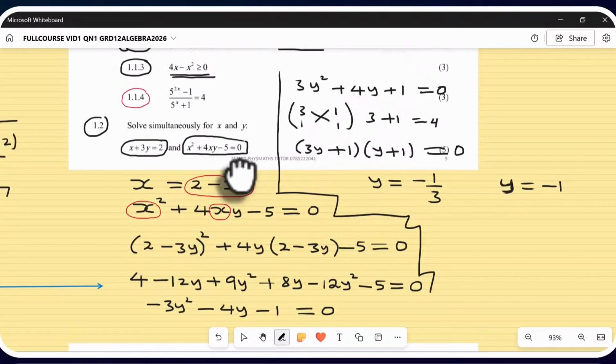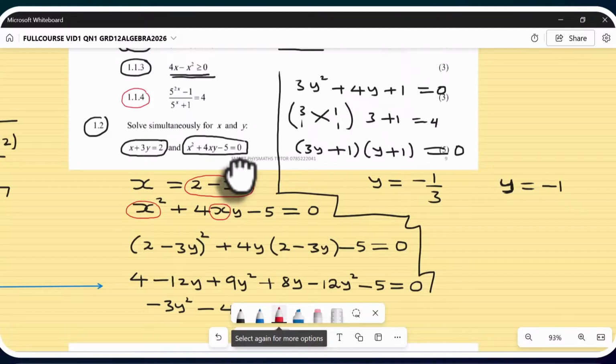Or the other way around, if I consider y as negative 1, I can still get my x, right guys? Because x equals 2 minus 3y, and my y is negative 1.